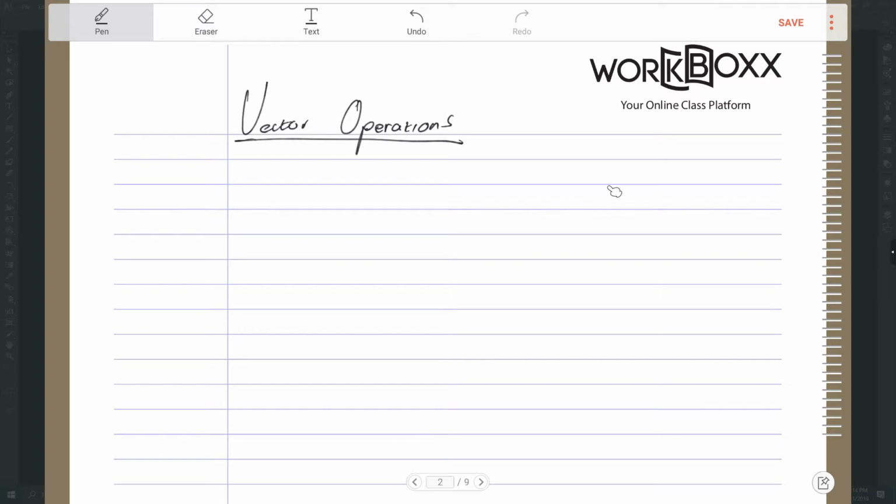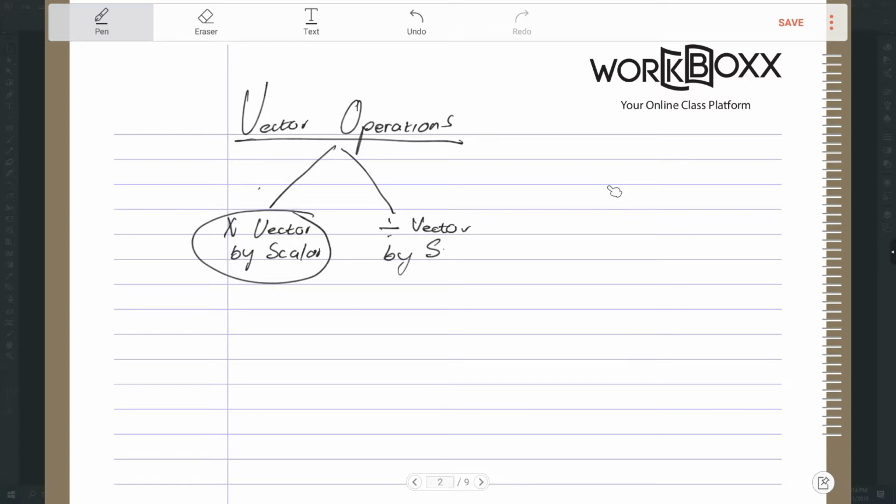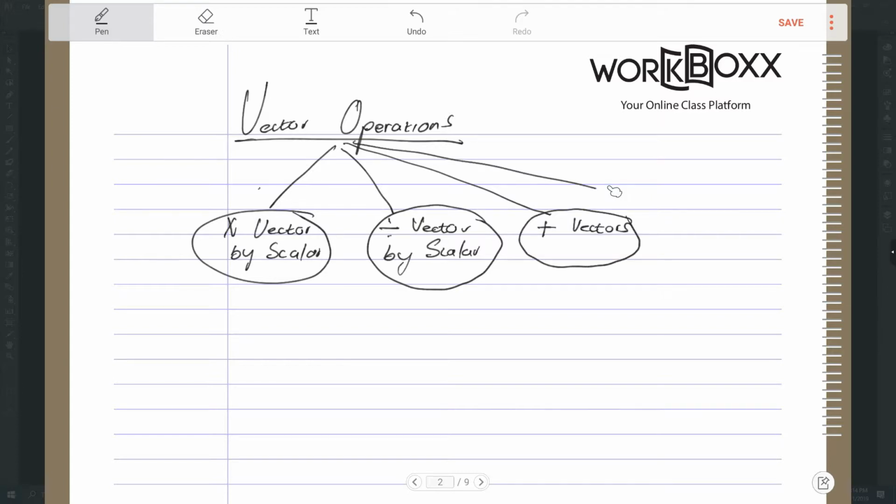So with the first one being multiplication of a vector by a scalar, division of a vector by a scalar, then we have addition of vectors and subtraction of vectors.